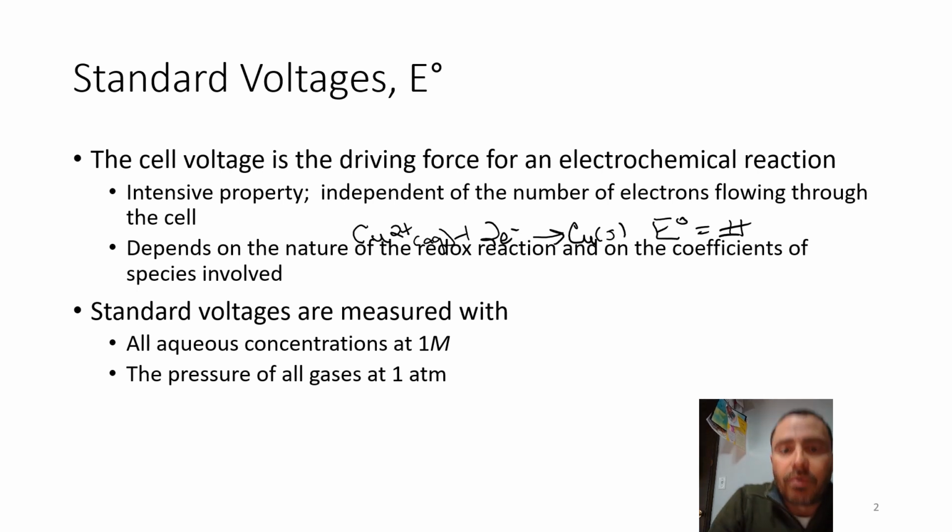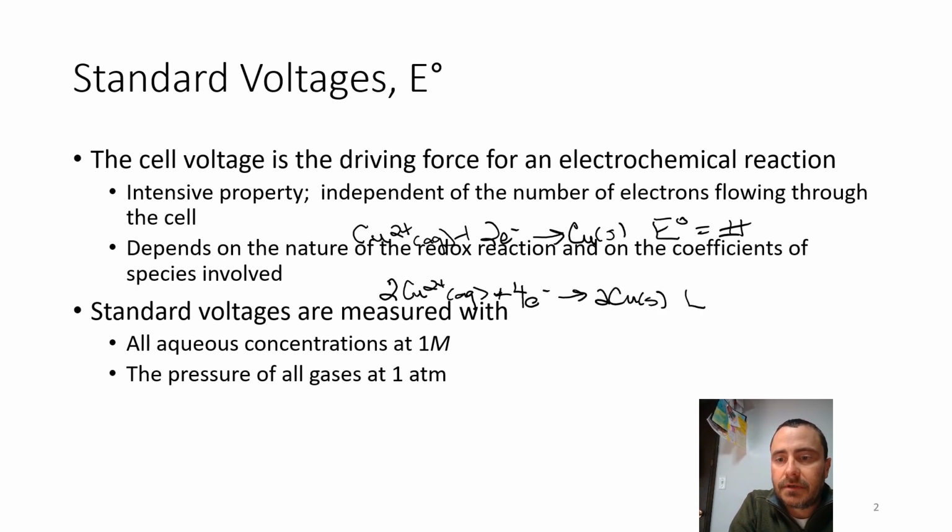What this really means is that when it says it's independent of the number of electrons flowing through the cell, it means that if you had 2 Cu2+ plus 4 electrons, producing 2 solid coppers, our standard voltage is equal to some number.